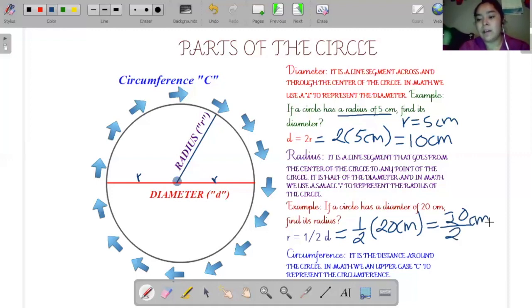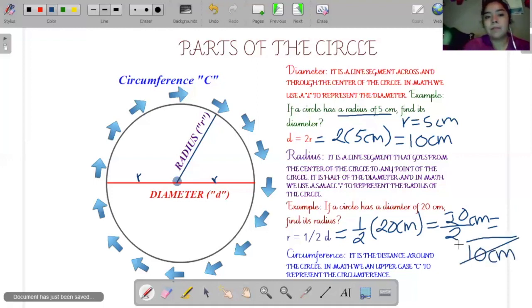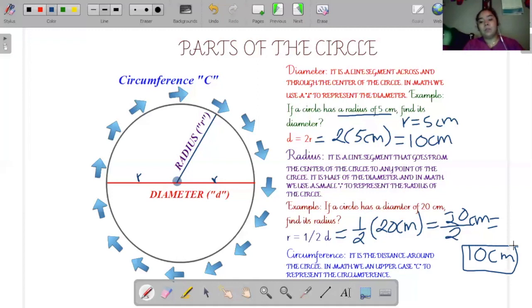Then our final answer will be 10 centimeters as well. Let me write that down here. So our radius will be 10 centimeters.